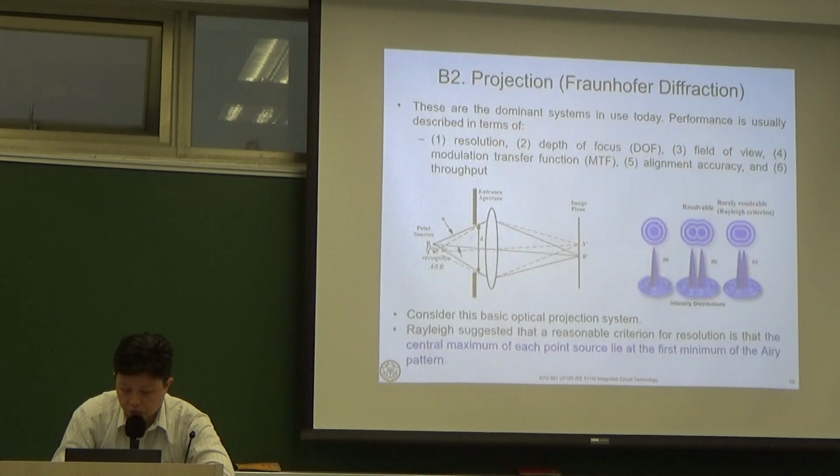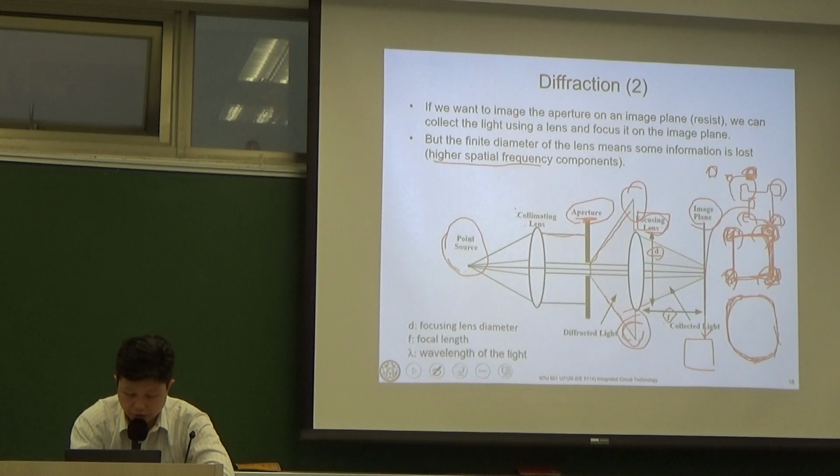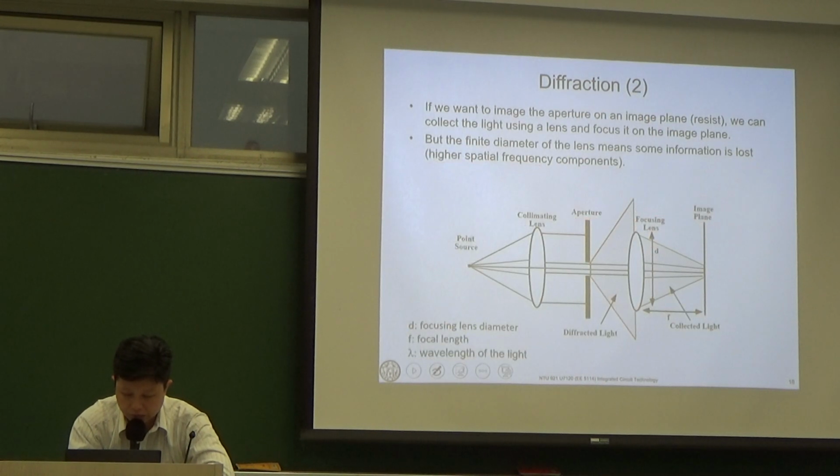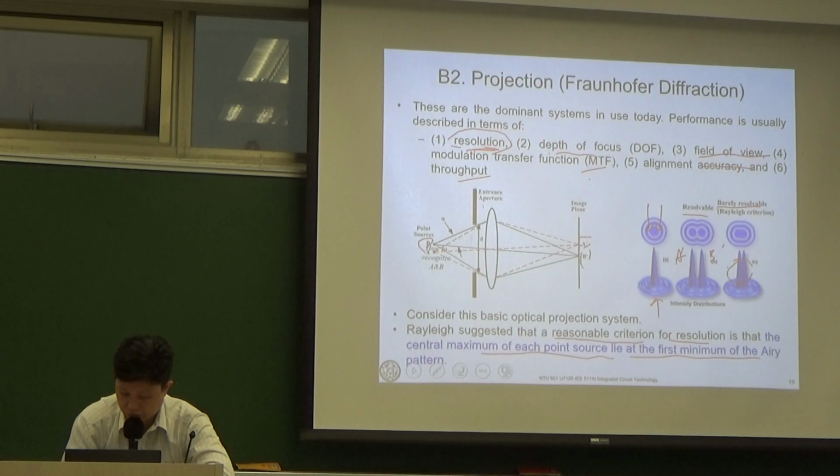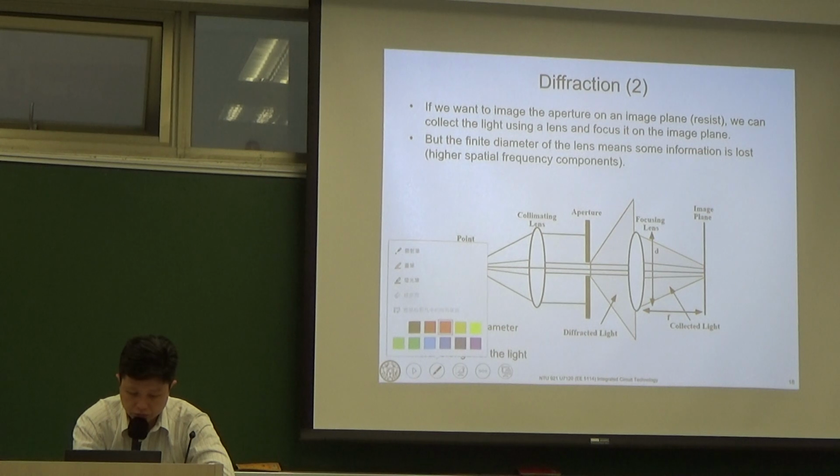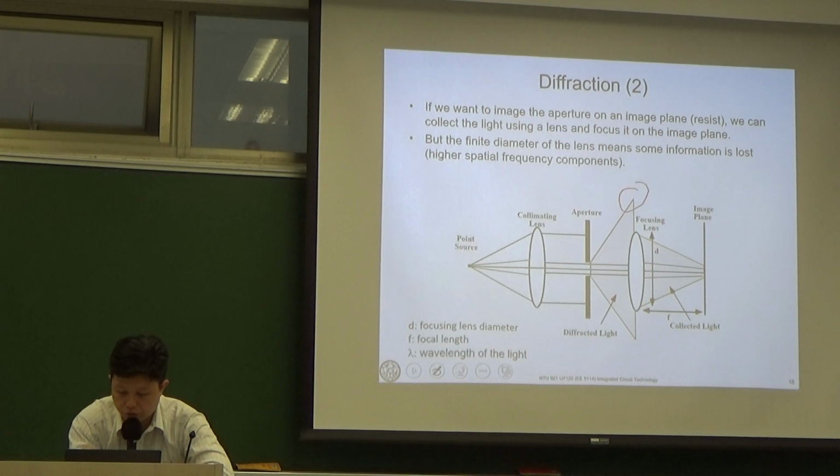Let me go back to this figure to explain again. If you have a parallel light, then you have a diffraction pattern like this. So this higher spatial frequency component is lost in this system, right?